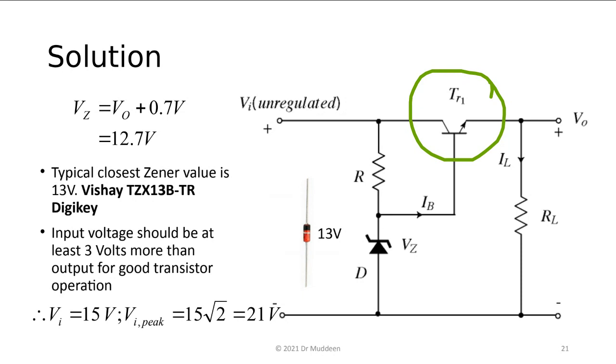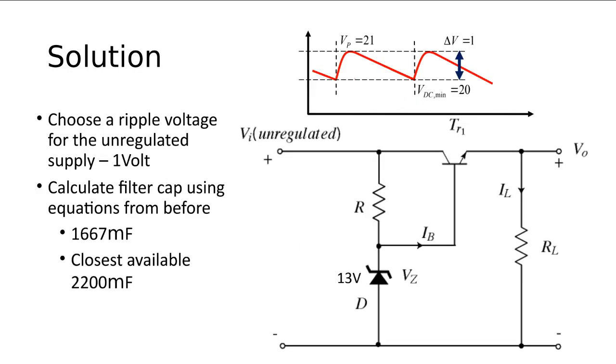If we use, for instance, a 15 volt transformer, remember last time we said you have 115 volts AC, you pick a 15 volt transformer, and that's going to give us a peak voltage of about 21 volts coming in on the rectified side, right? So just to put the diagram on top here, this is what it's going to be. Unregulated, we're going to have about 21 volts coming in here, all right?